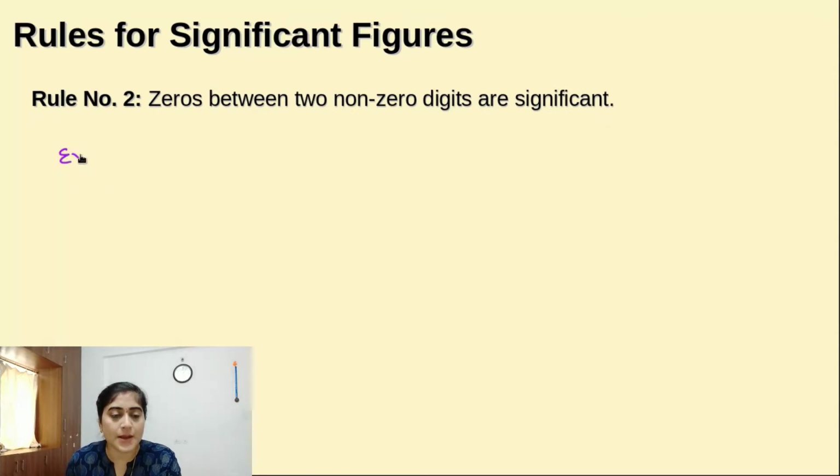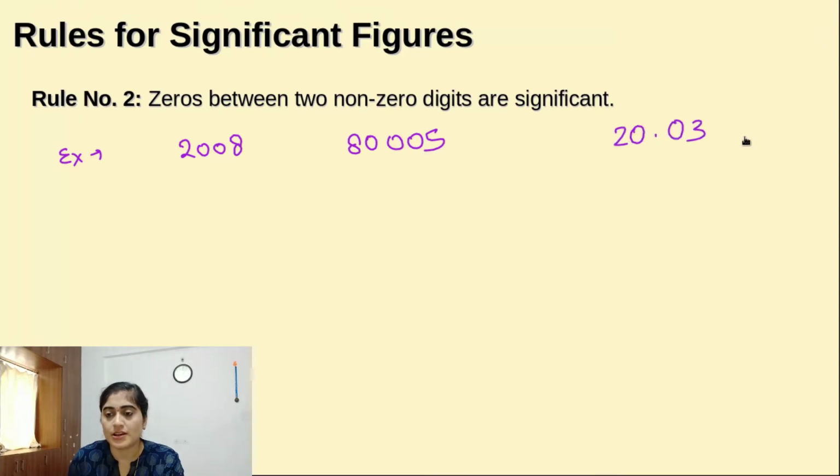Suppose you take examples like 2008 or 80,005, and some more examples like 20.03 and 300.3. Some are not in decimal and some are in decimal, but these zeros come between two non-zero digits. So these zeros also become significant figures.